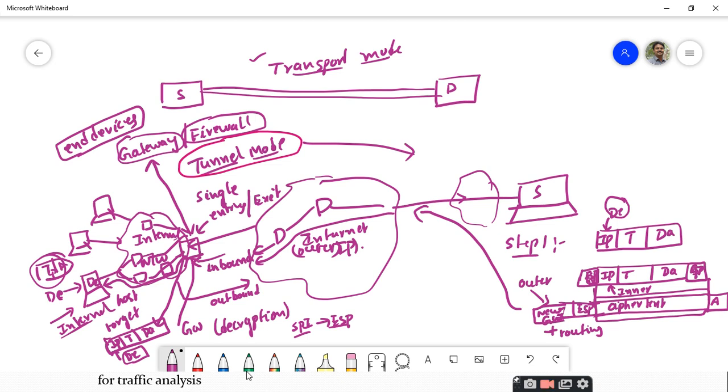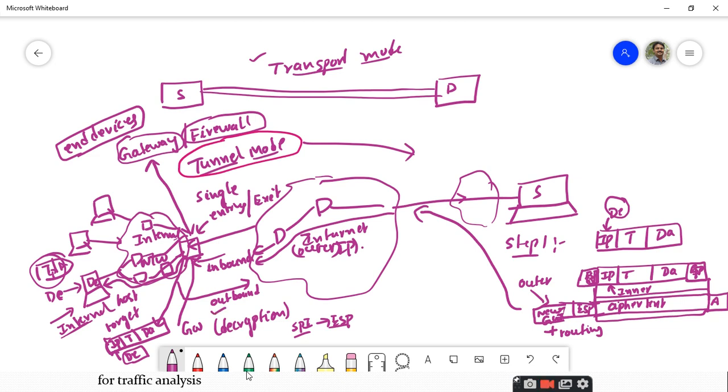The new IP header will be destined to the end device, that is the gateway or the firewall. It will take different routers and reach the gateway. The important point to remember is that the gateway is going to do all the processing, so decryption is performed at the gateway.